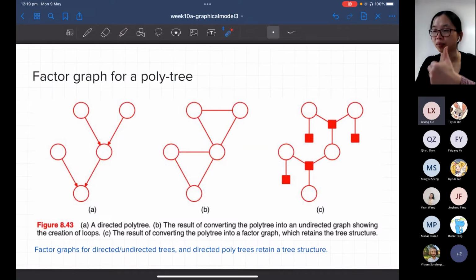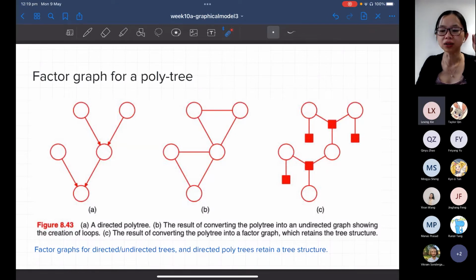So factor graphs are bipartite, undirected graphs. It's easier to have trees because there are by definition no links between the variables, right? So these links are gone. Instead, it's replaced by a factor with links to all three nodes.